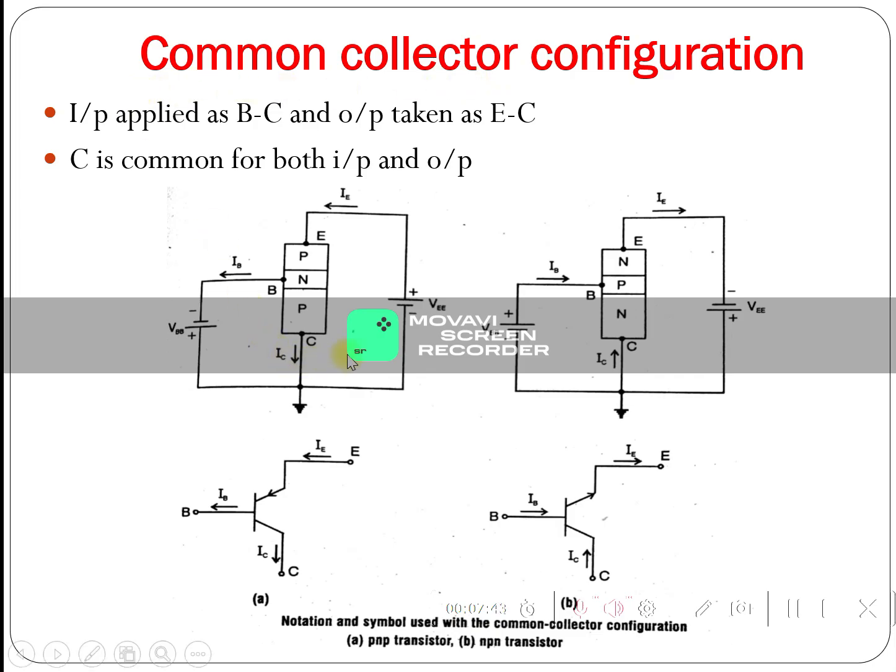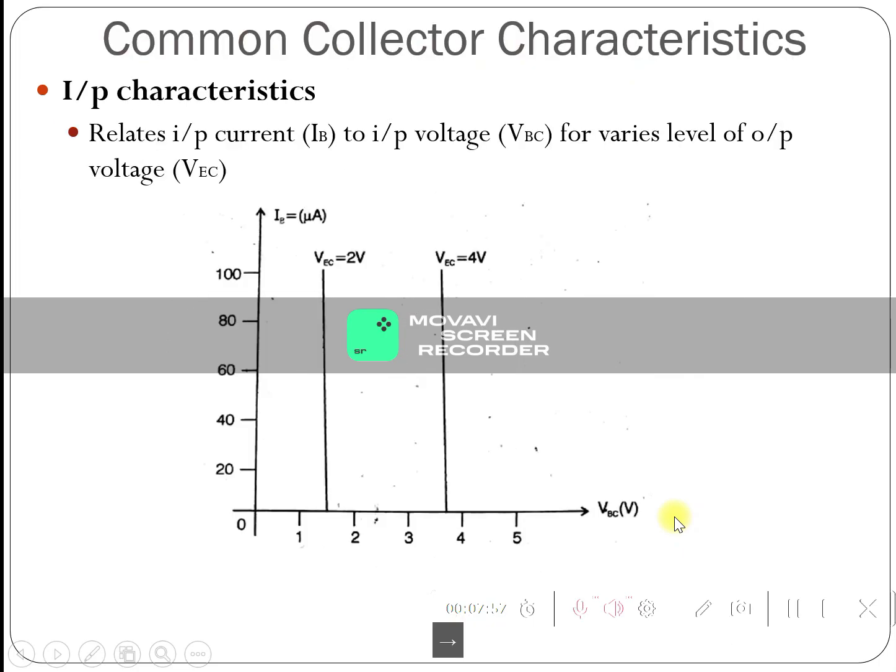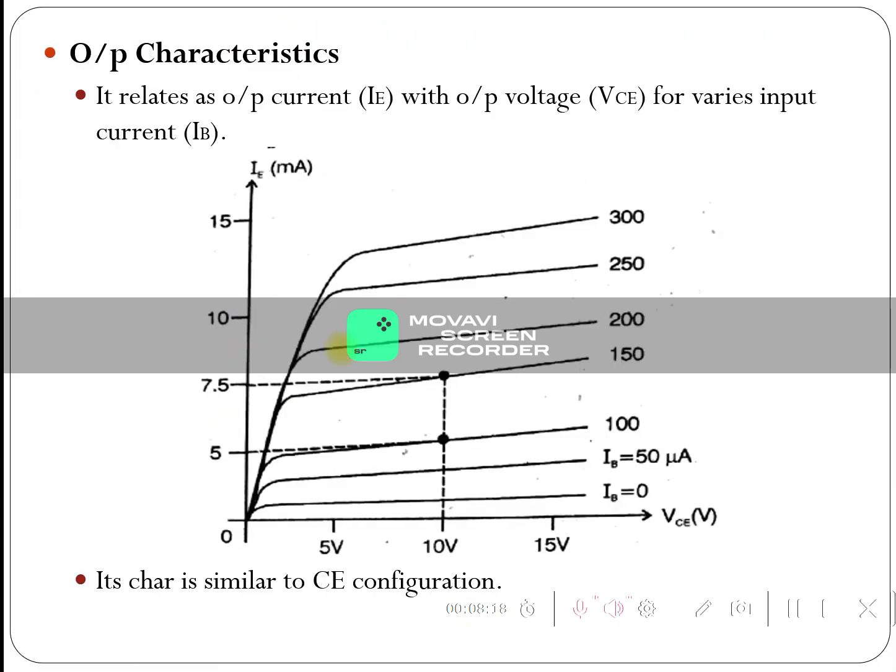So the basic structure is the PNP transistor and NPN transistor in common collector configuration. For the common collector input characteristics, we draw base to collector voltage on the x-axis and emitter current on the y-axis. Output characteristics: emitter to collector voltage and emitter current.